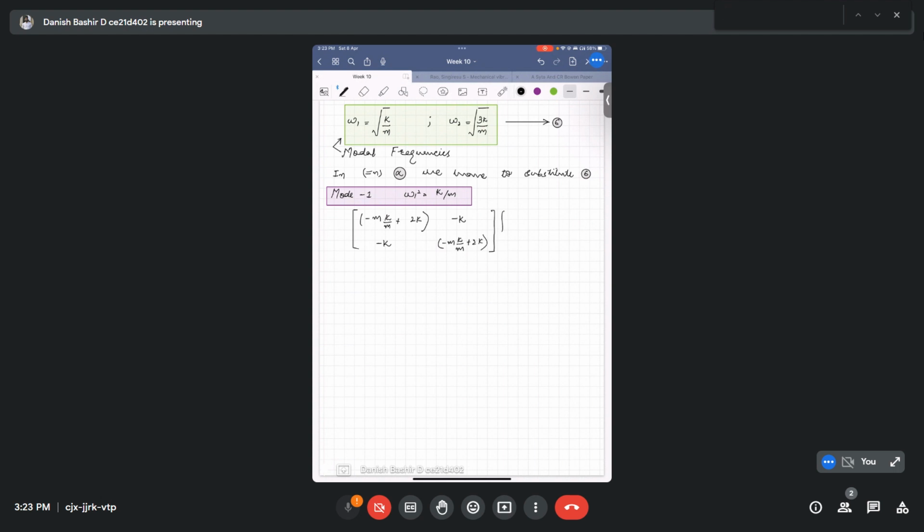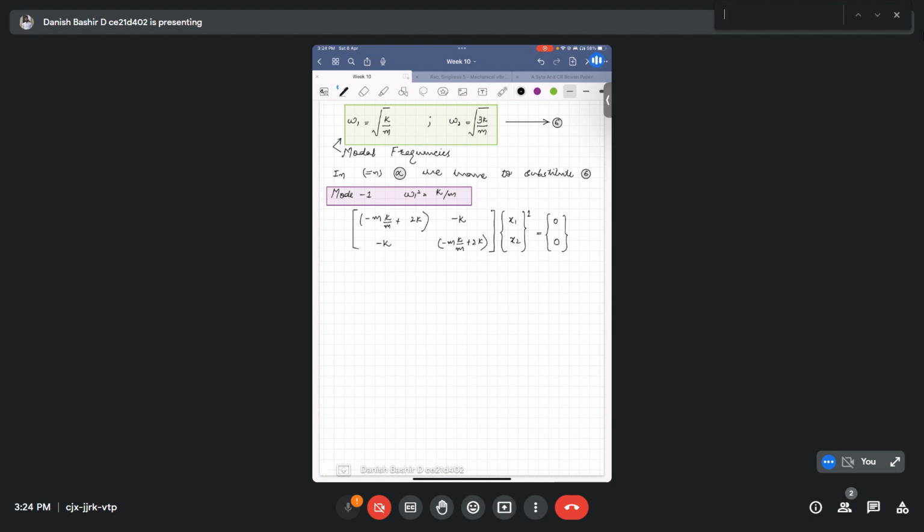So this is x1, this is x2, and this for mode 1 is equal to 0, 0.